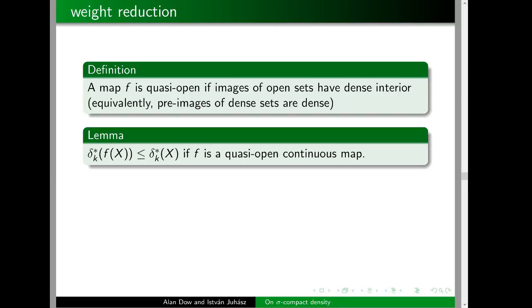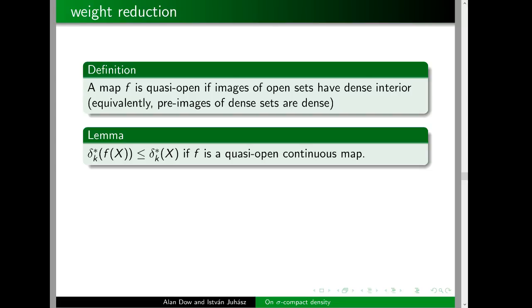All right. So if our space X is our counterexample to having small dk star but big pi weight, and if you can find a quasi-open continuous image f of x, then the kappa compact density is smaller than this one. Why?